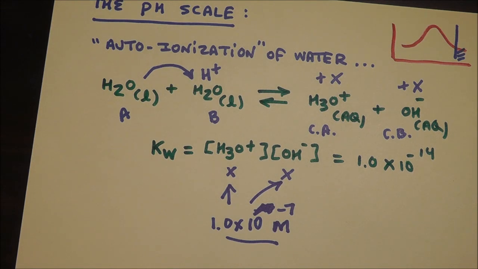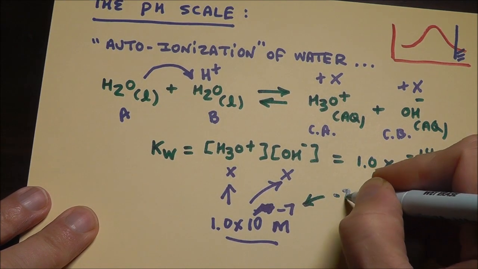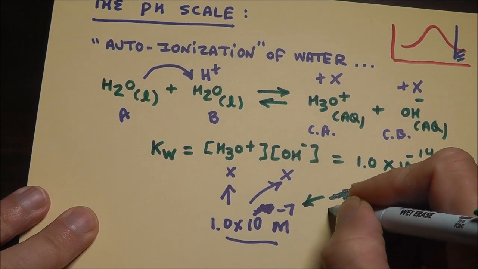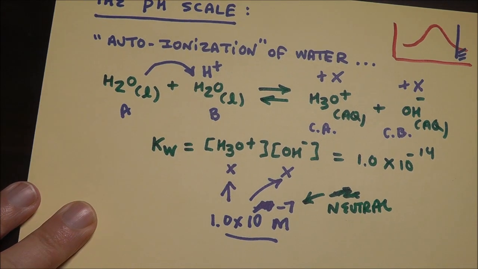So why do we call pH 7 neutral? It has everything to do with that negative 7 right there. Now, think of how complex that would be.